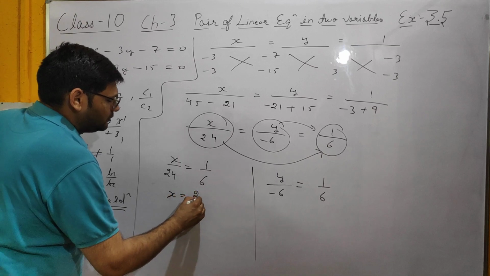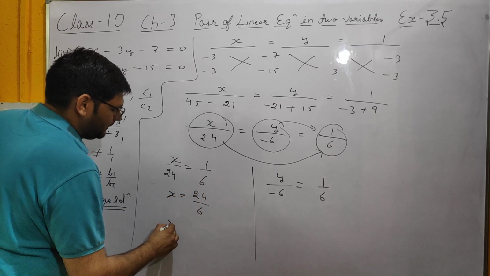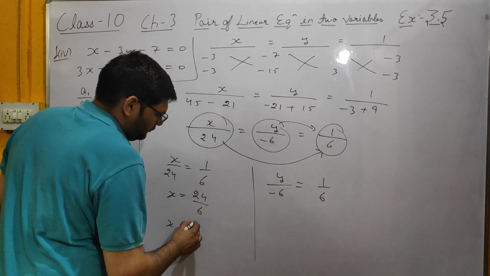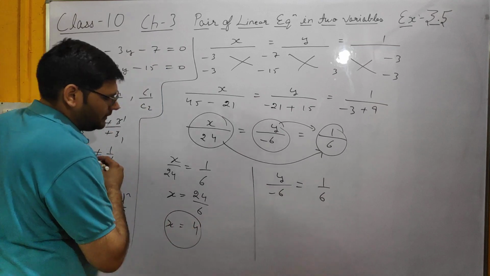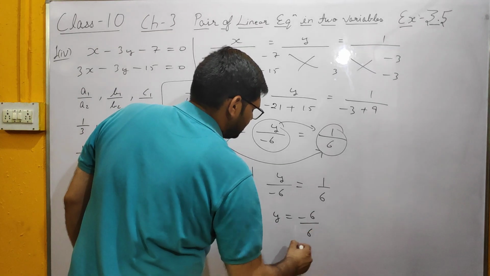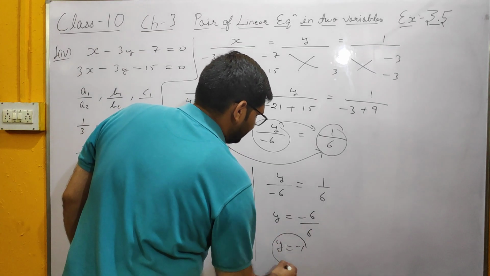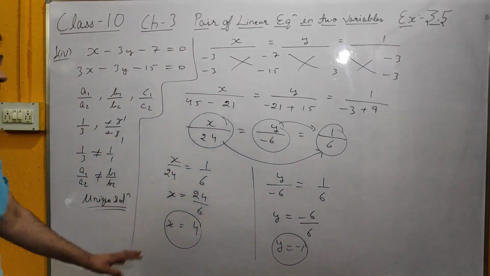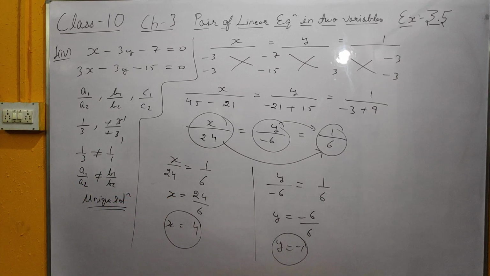So x equals 24 by 6. You can find the value of x, 4. And then y equals minus 6 by 6, so y equals minus 1. Alright. So the value of x is 4 and the value of y is minus 1.